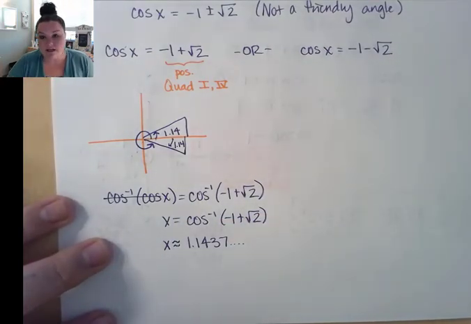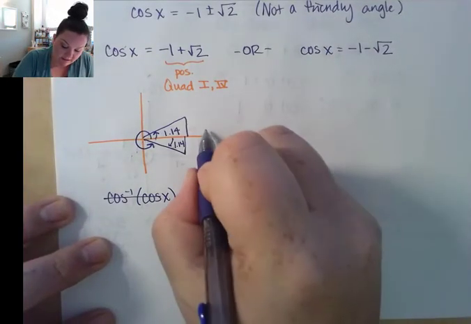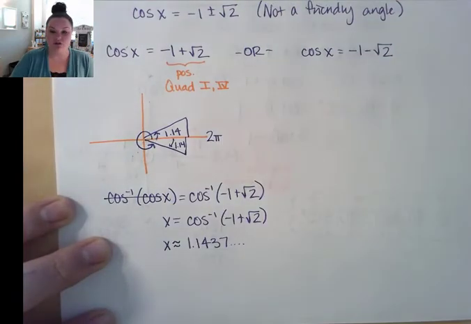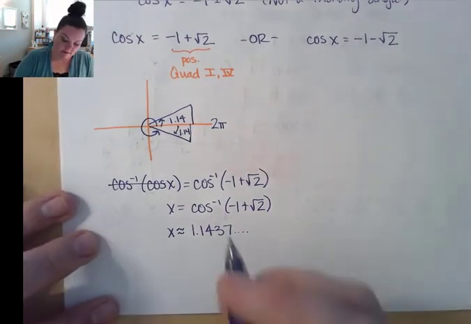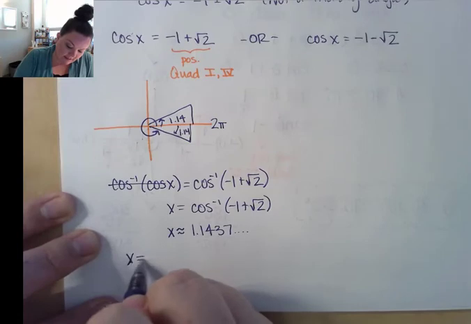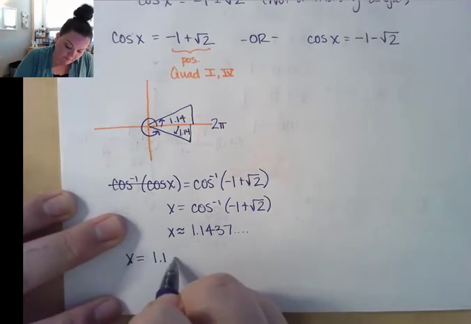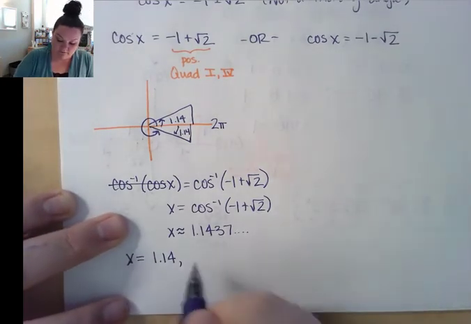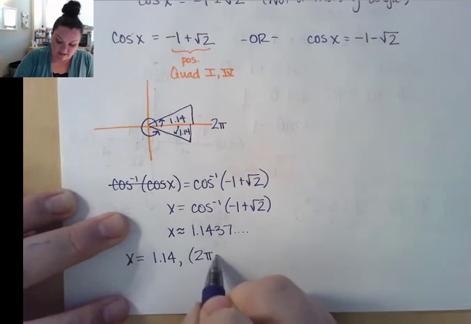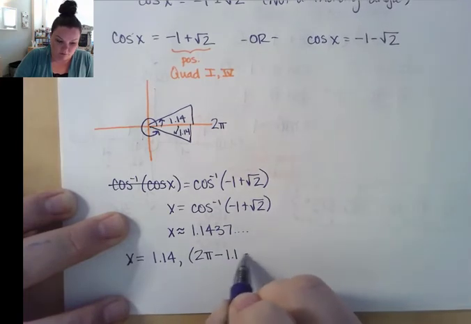Because we're in radians, a full rotation is 2 pi. So the answers I'm going to get are 1.14 radians and whatever I get when I take 2 pi and subtract 1.14.